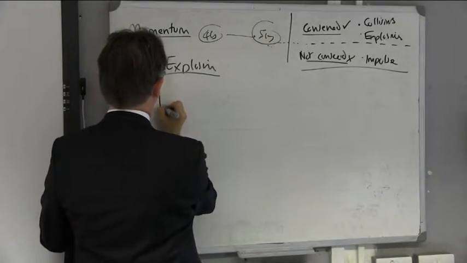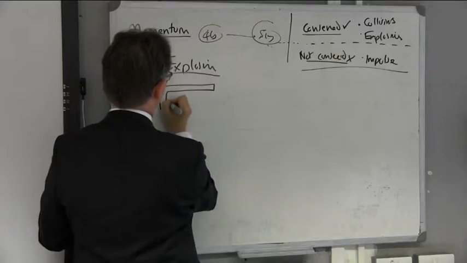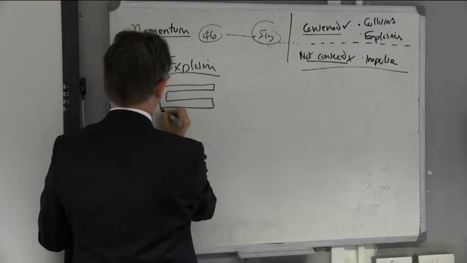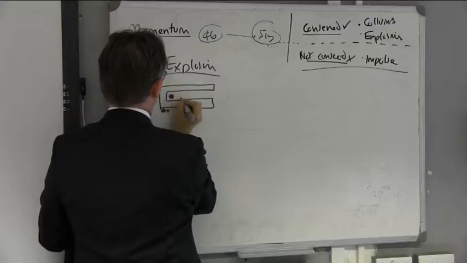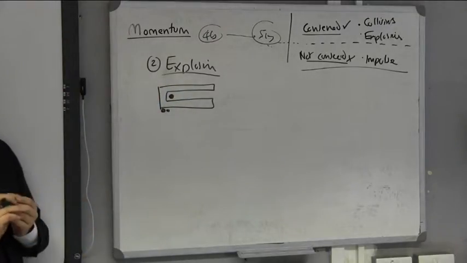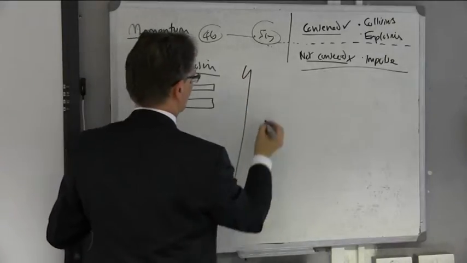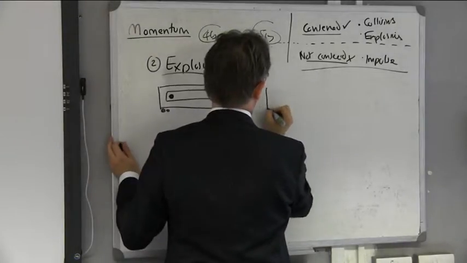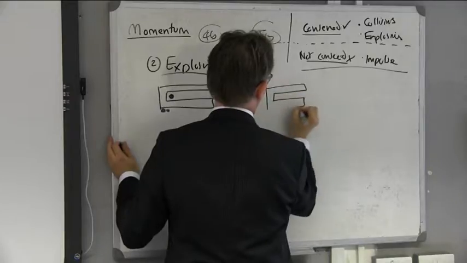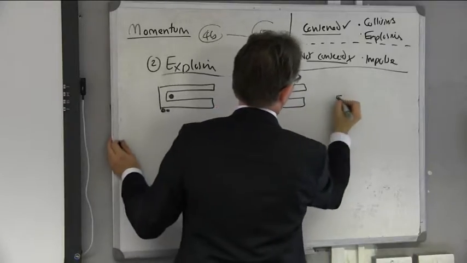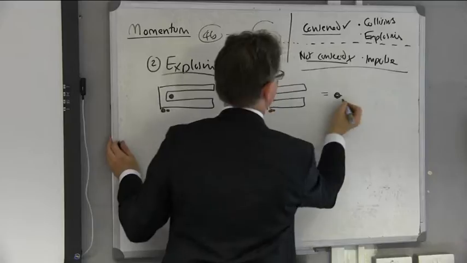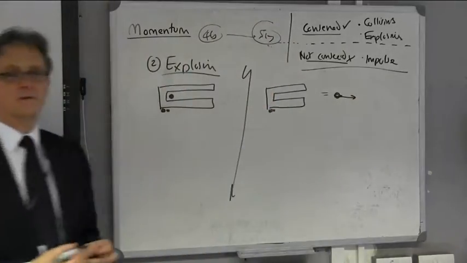Let's have a cannon or something. It's very hard to draw these very well. There's a cannon with a cannonball inside. Okay? And what's going to happen, obviously, is they're going to fire the gun, and the cannon goes like that. And the cannonball obviously goes zooming off.